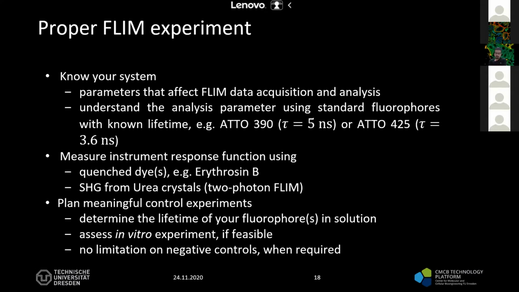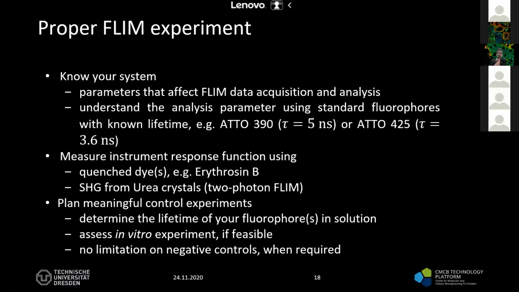It's also important to know what the components on the way are, so we need to know a little bit about the optics as well. I know it might be a little boring, since this is supposed to be application, but it is necessary to talk about this as well. The other point is that we need to understand the analysis parameters with the standards. I'm going to do that live in a few minutes.